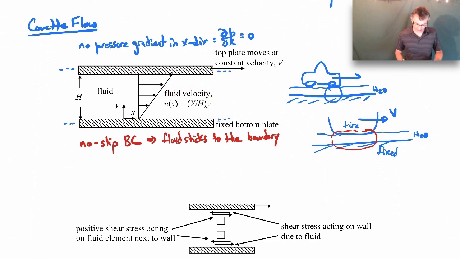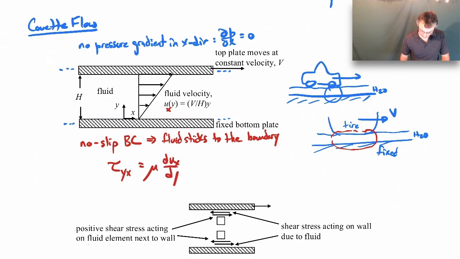So now that we're given the velocity, and by the way, this is the velocity in the x direction, using our coordinate system, we can actually calculate the shear stresses in this particular flow. So we know that tau yx, the shear stress on a y face acting in the x direction on a fluid element, is mu times du_x/dy.